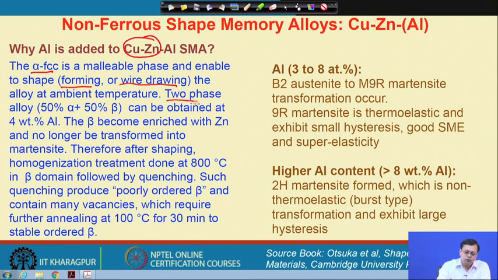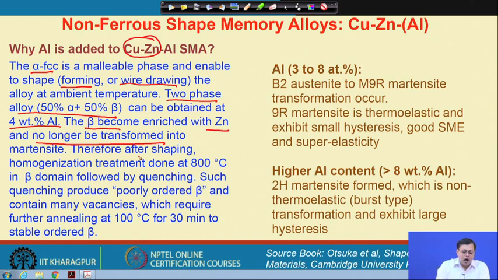However, for the two phase region like 50% alpha and 50% beta, that I have produced around 4 weight percent of aluminum, the problem with beta is that if beta is very much enriched with zinc, then there will no longer be any martensitic transformation, okay, which I showed in the last slide.